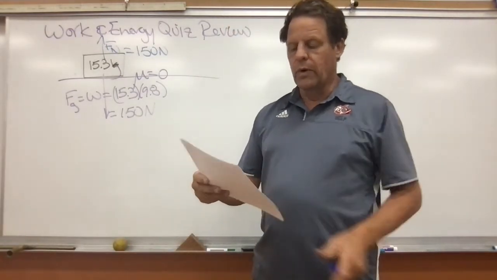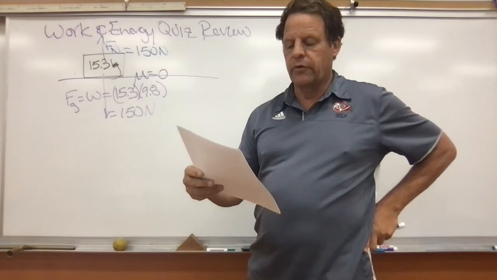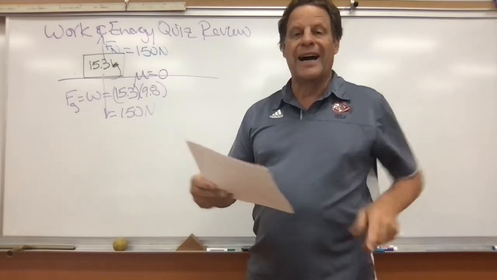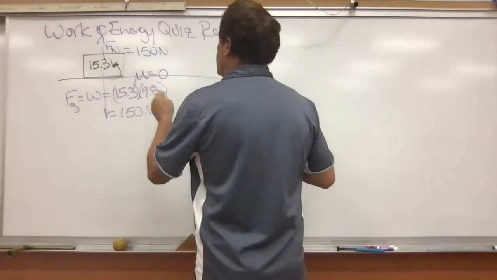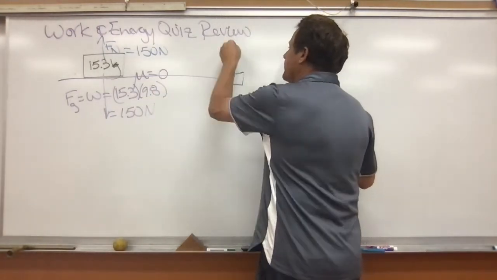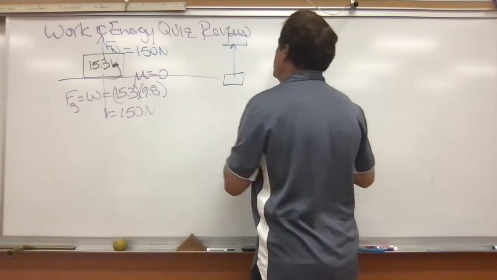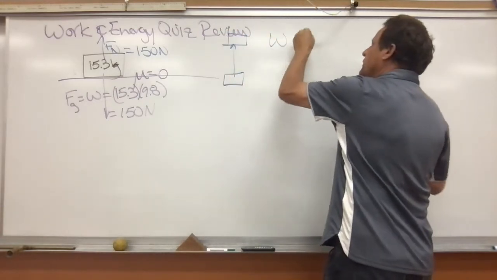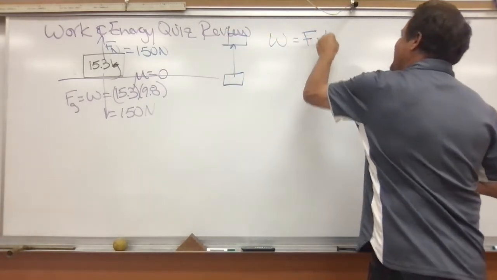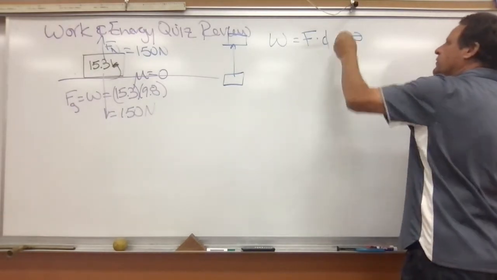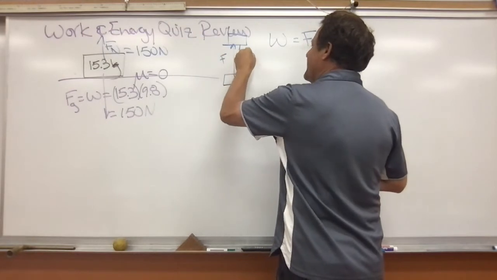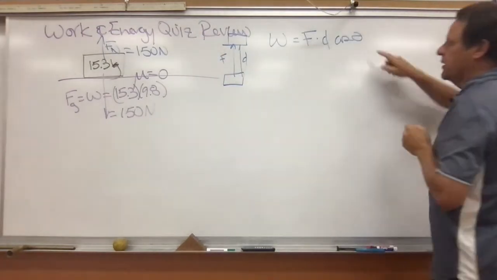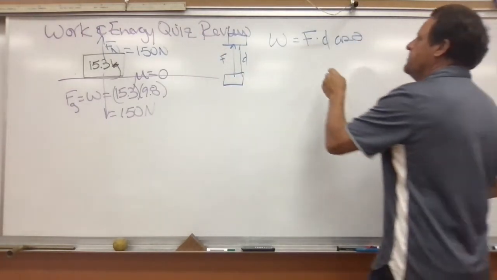All right, it says calculate the minimum force needed to move the block up to a height of 2 meters. Okay, so if we are lifting this block 2 meters, our work is going to be force times distance times the cosine of the angle, and the force and the displacement are both going in the same direction, so that angle is 0.